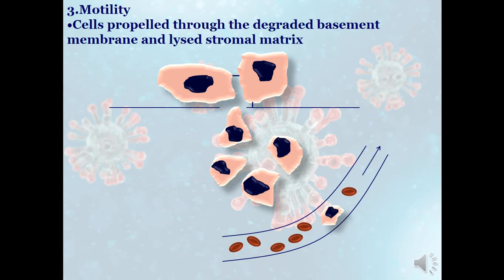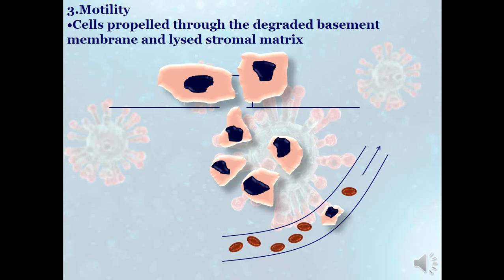Right, so now after the breakdown of the basement membrane, the malignant cells move through the broken basement membrane into the stroma, where they divide and multiply, enabled by many steps and molecular events that allow them to break through the vascular channels.